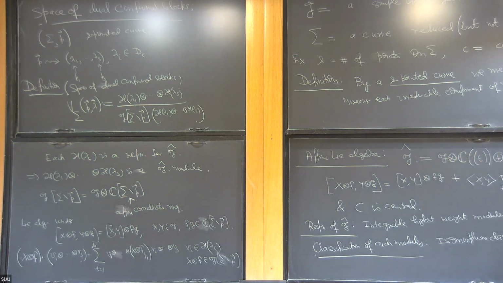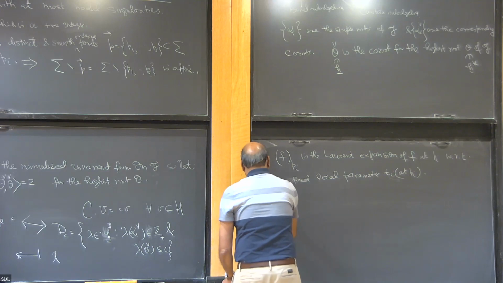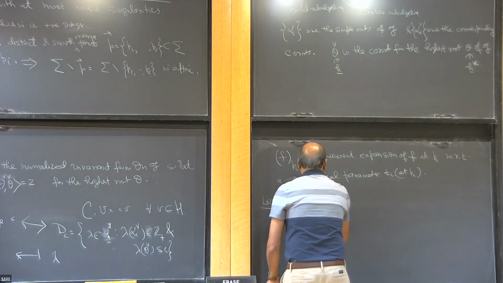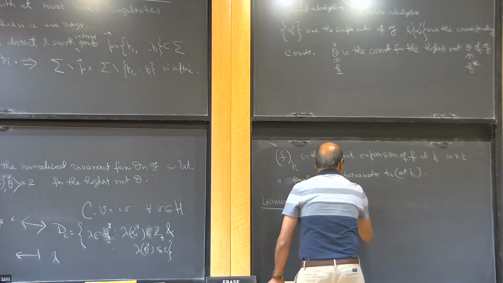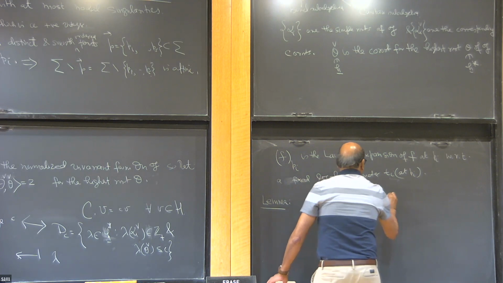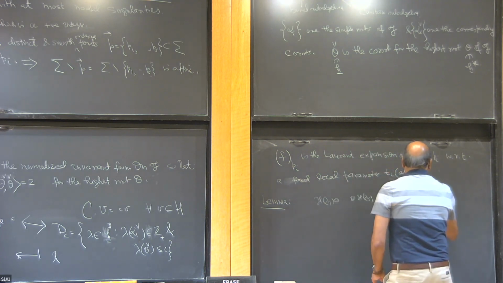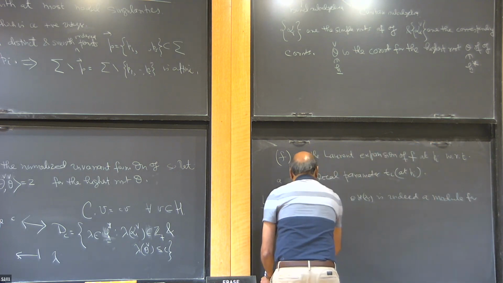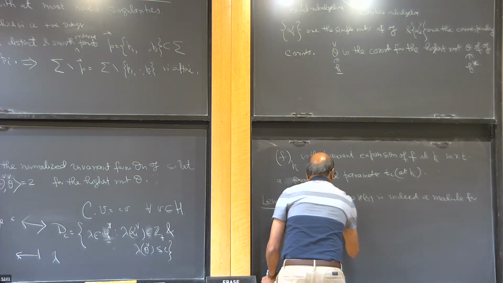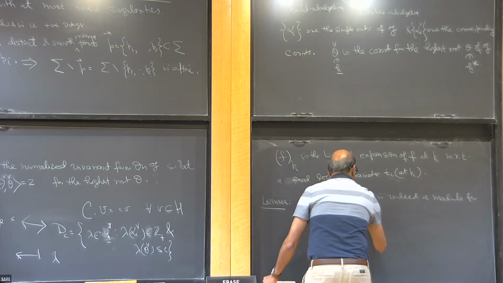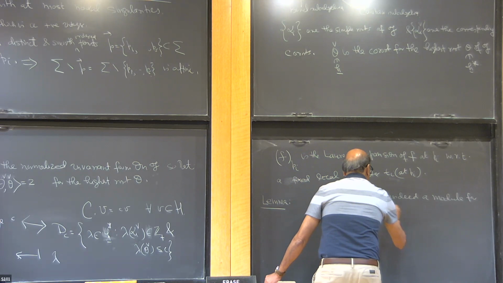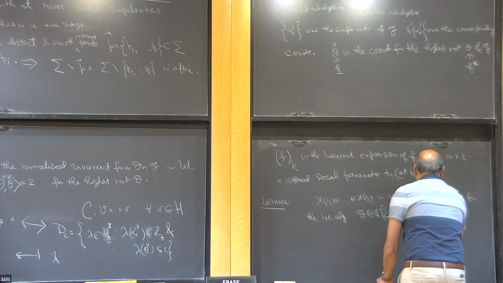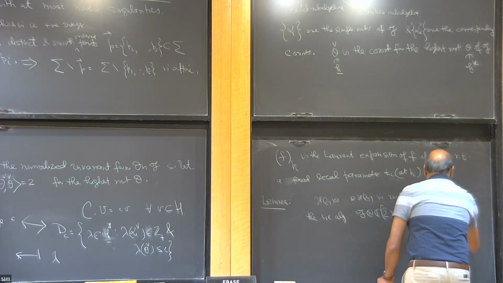So now there is a little lemma: H lambda 1 tensor through H lambda S is indeed a module for the Lie algebra G tensor C of sigma minus P, because of the residue formula.